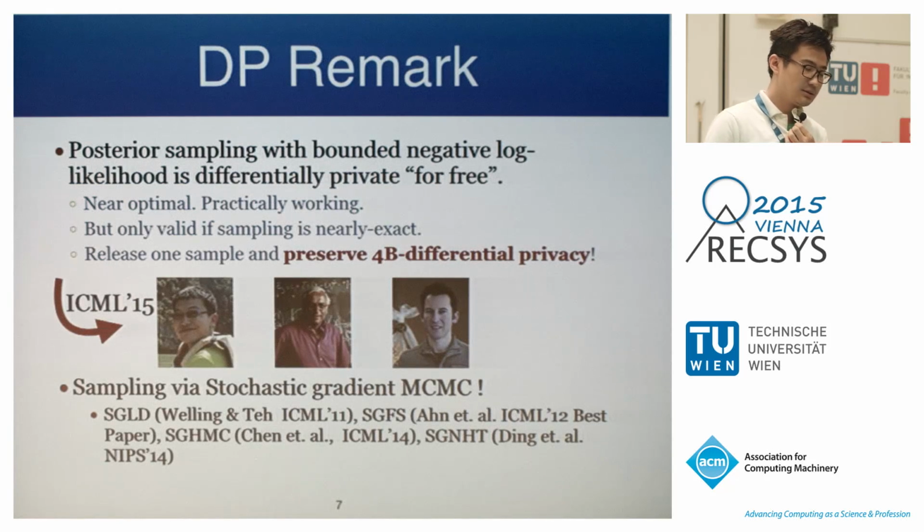A recent work from Wang, Fienberg, and Smola claims that Bayesian posterior sampling with bounded log likelihood is differentially private for free. It means if you can guarantee that you are sampling from the exact distribution, one released sample can preserve B differential privacy, where B is a bound of the log likelihood.